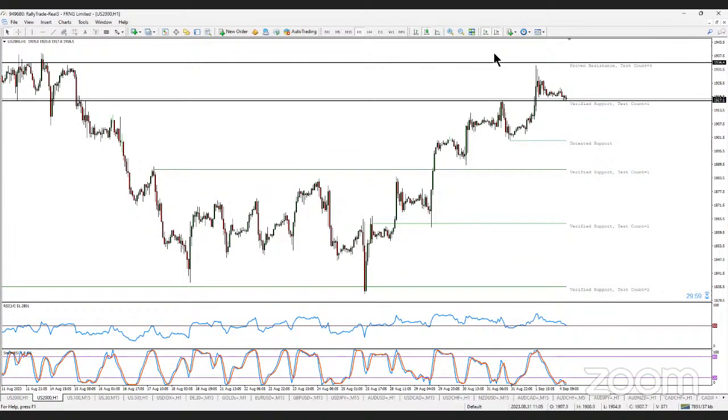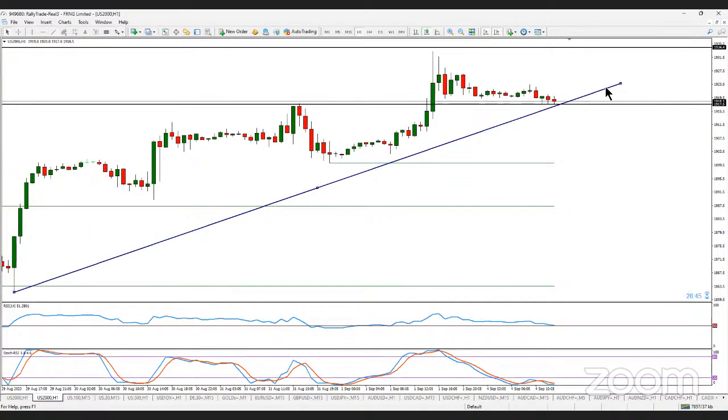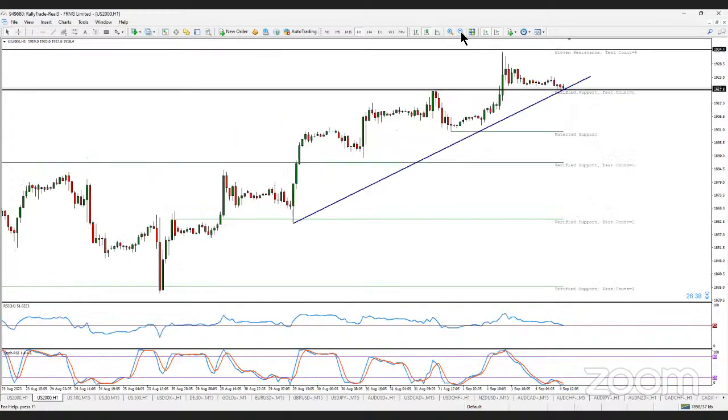Now, ideally, we're expecting something like this. I could link this particular low, or even this one, to this current one here. Try and make it to touch this low here. Touch it here, right? Because that is the recent low.